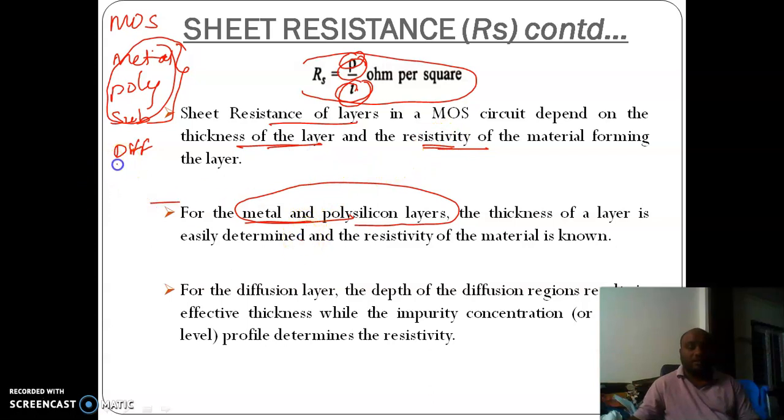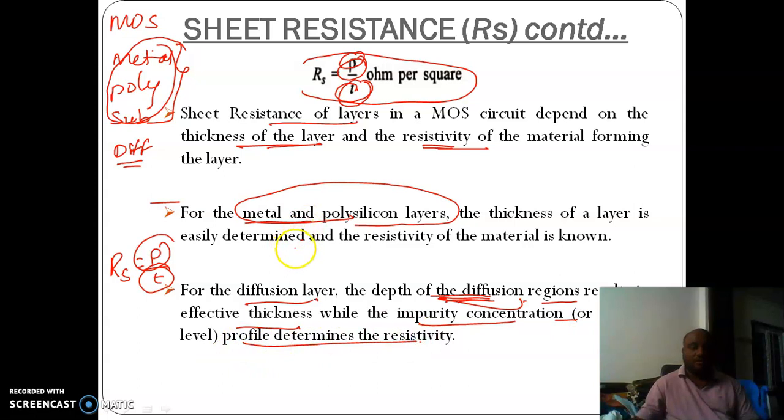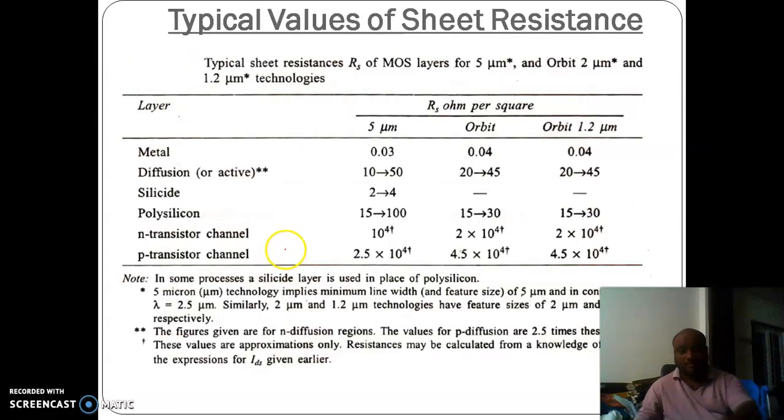But for diffusion layers, the depth of the diffusion region results in the effective thickness. In order to get Rs is equal to rho by T, the thickness is given by the effective depth of diffusion into the MOSFET, while rho is determined by the impurity or doping level or profile that is going to determine the resistivity.